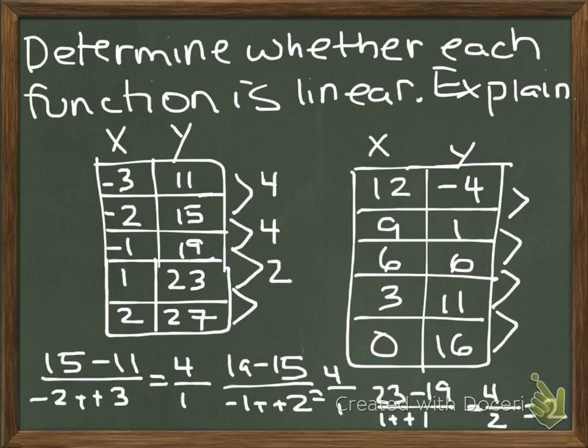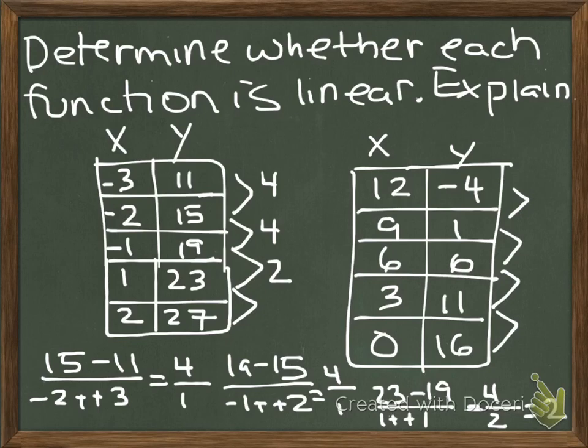So if you look at what I've just done at the bottom of your screen, I've just found the slope for the first 3 sets of ordered pairs. So for negative 3, 11 and negative 2, 15, the slope would be 4. Then I did it again for negative 2, 15 and negative 1, 19, and that's also 4.